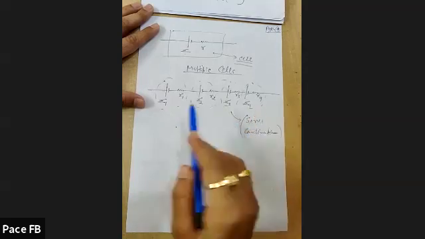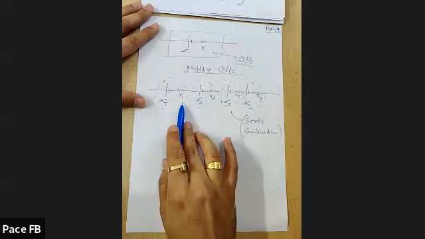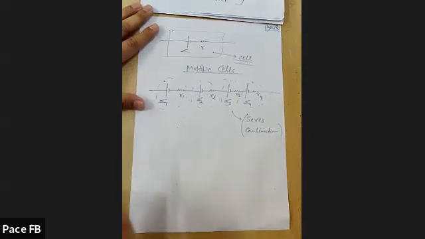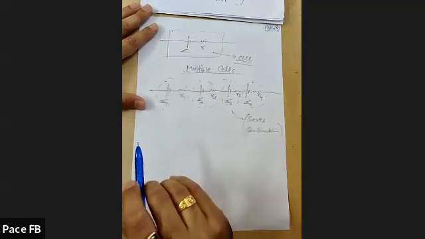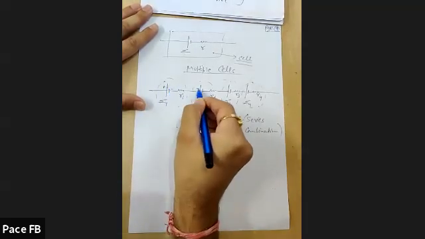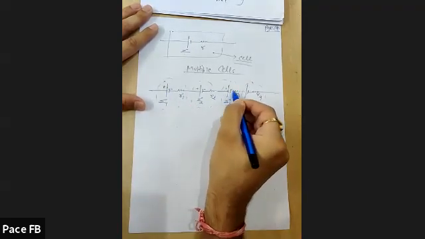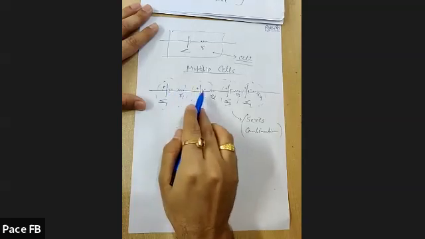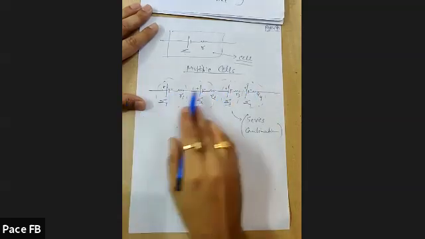Equivalent cell means the equivalent EMF as well as the equivalent internal resistance. So always remember, if ends are connected in an alternate way, like positive, negative, positive, negative, positive, negative, positive, negative. Can you see that? Then you can directly add them.